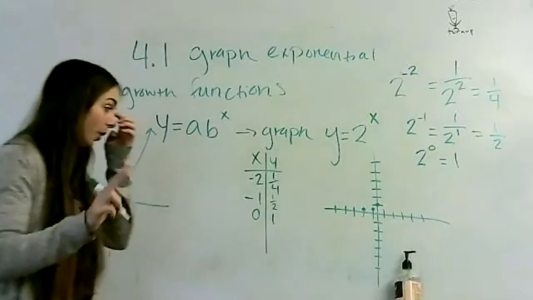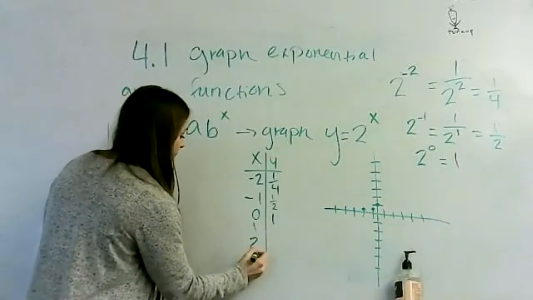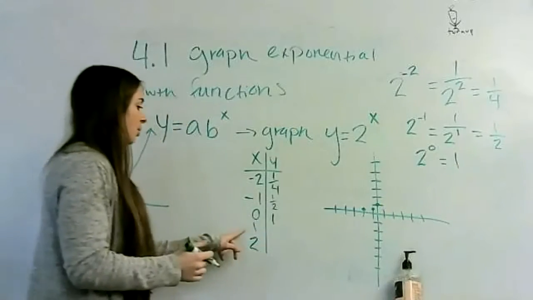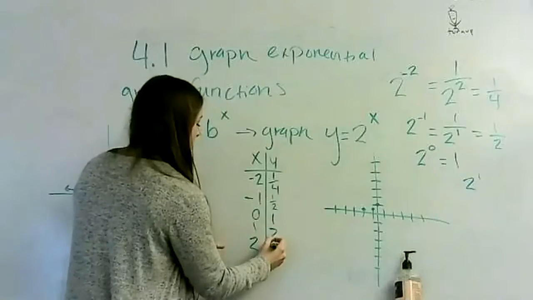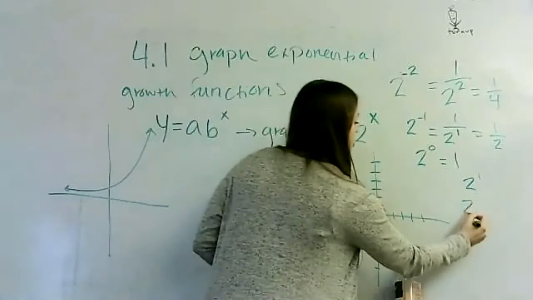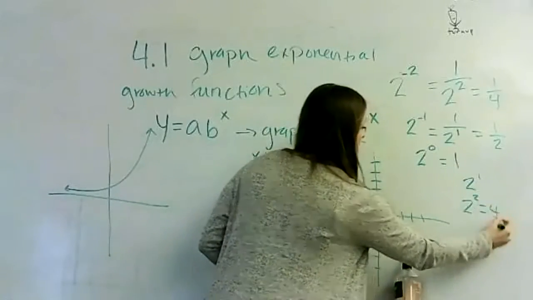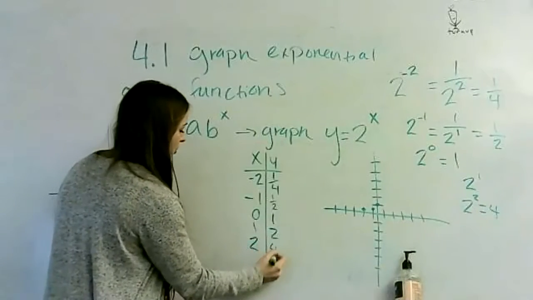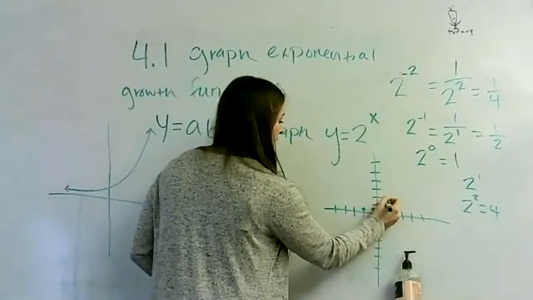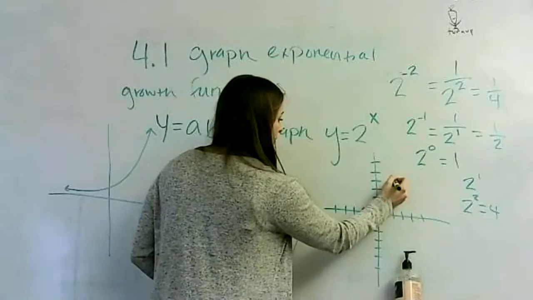Let's do 2 more numbers. Let's do 1 and 2. Putting in 1 for x gives us 2 to the first, which is just 2. 2 squared equals 4. So 1, 2, and 2, 4.